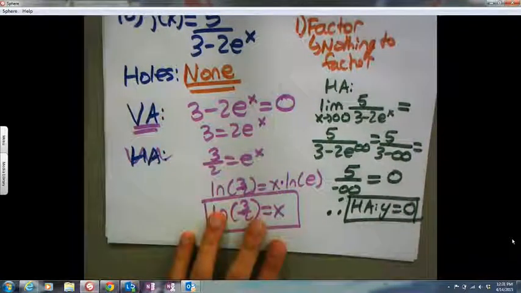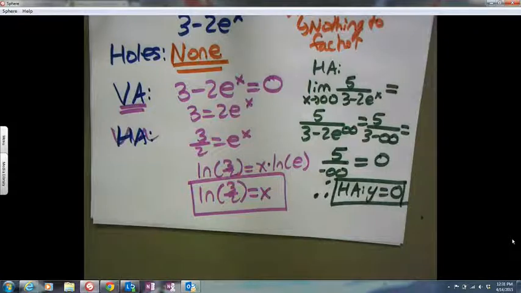Got my horizontal asymptote up here. Those who are already there can check. Those who might have some uncertainty, please ask the questions.